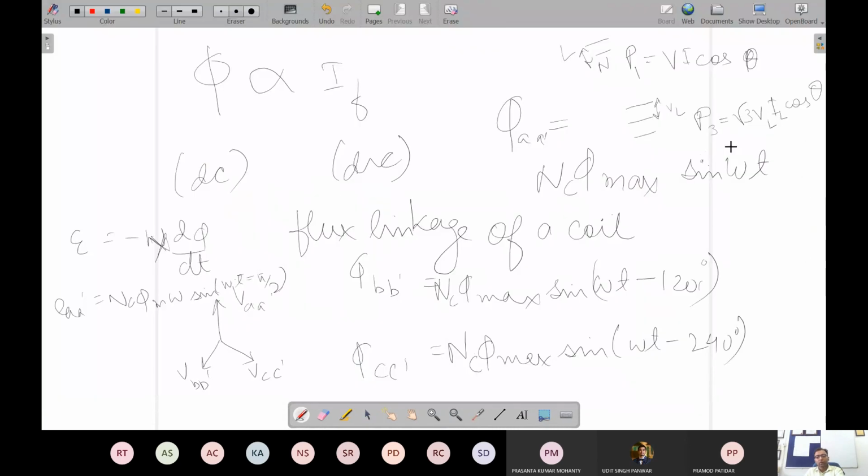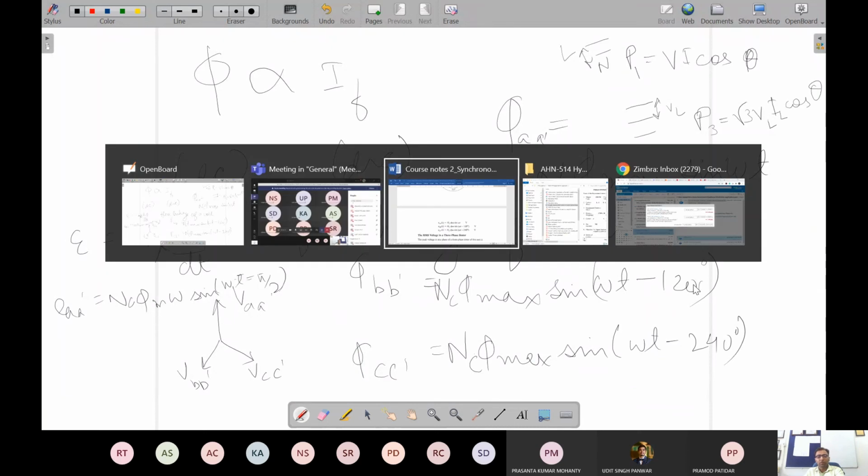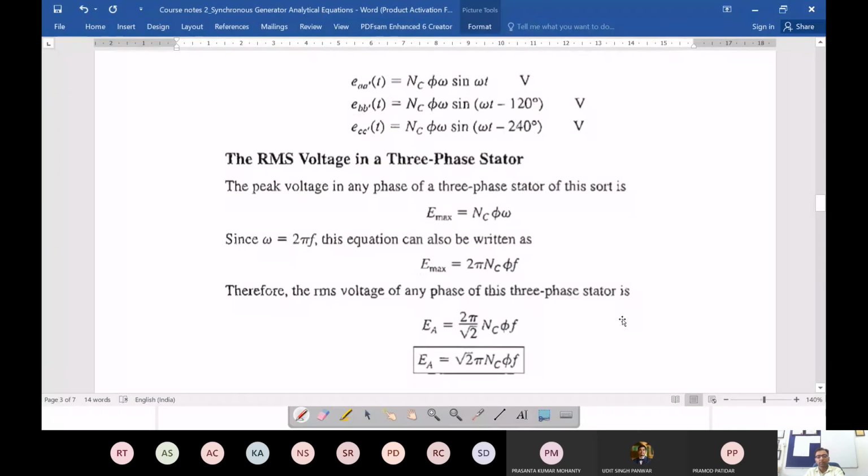Okay, so that is how we get the generated EMF. Now, those from electrical background definitely know that, and for others, I'll just help you recall: whenever you have an AC voltage waveform, you have that type of sinusoidal relationship. But when you say it is 230 volt or 440 volt or 1 kilovolt or whatever, you quote a value of the voltage, that is not the maximum, rather it is the RMS value.